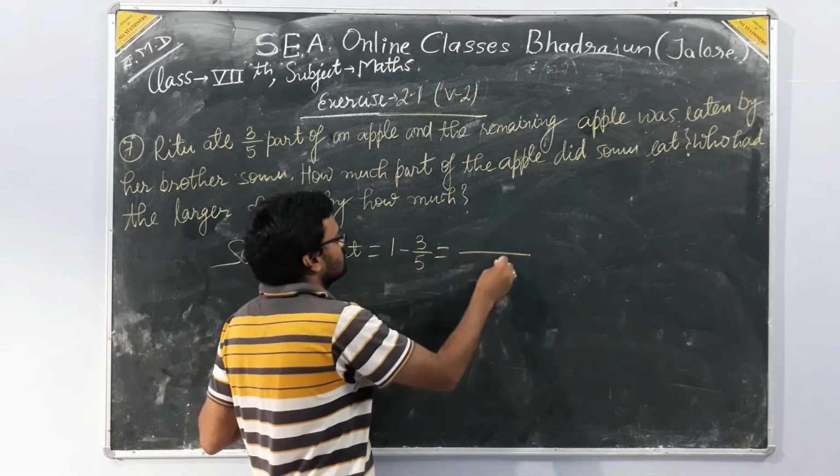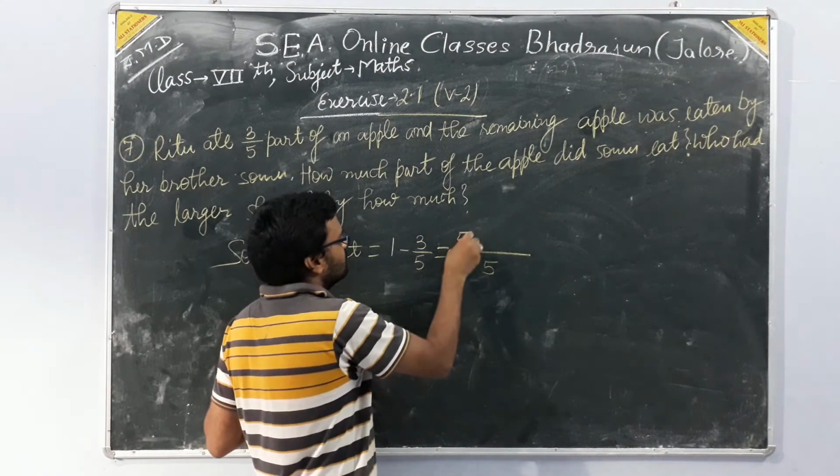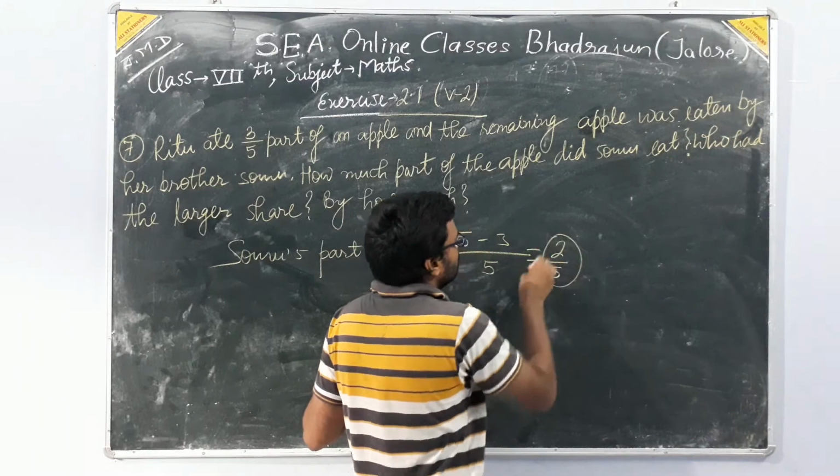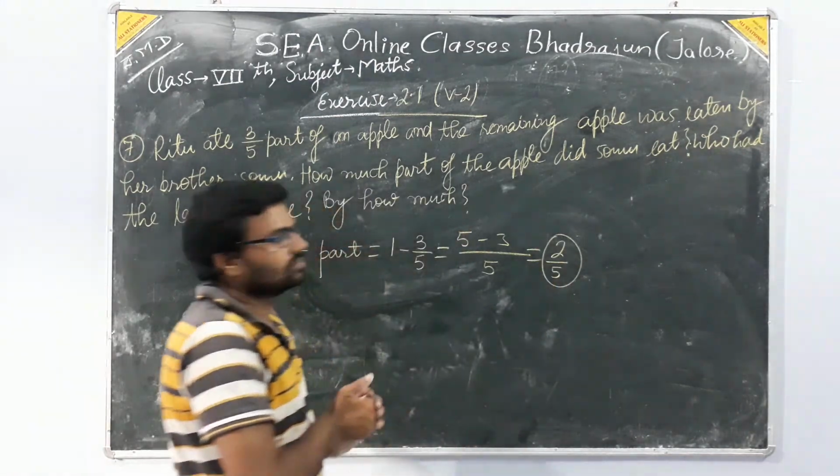Our LCM is 5, so 5 minus 3/5 is 2/5. So the part eaten by Somu is 2/5.